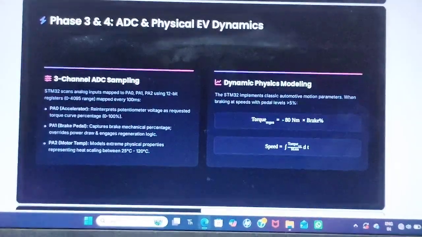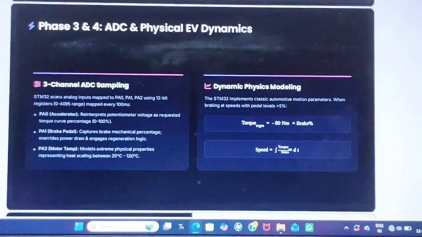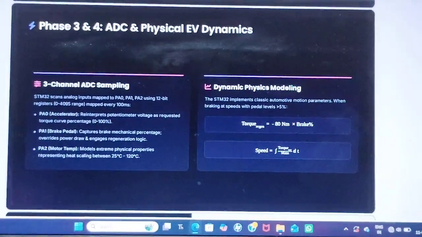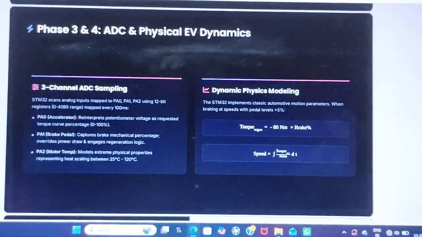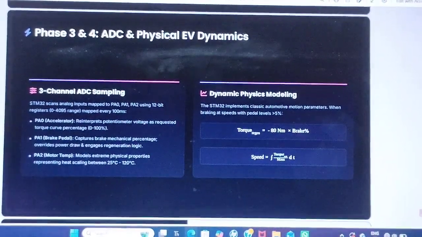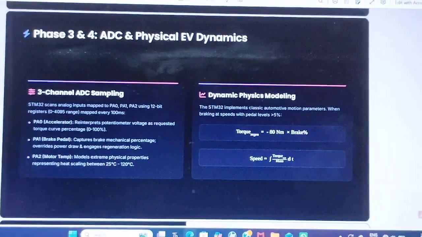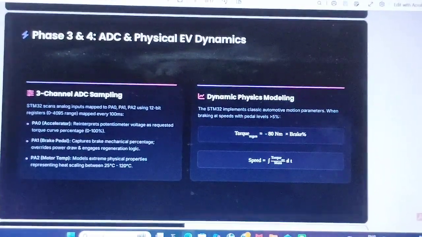Next you see phase 3 and 4, ADC and physical EV dynamics. 3-channel ADC sampling: the STM32 scans analog inputs mapped to PA0, PA1, and PA2 using 12-bit registers every 100 ms. First one is PA0, accelerator potentiometer voltage, requested torque curve percentage 0 to 100%.